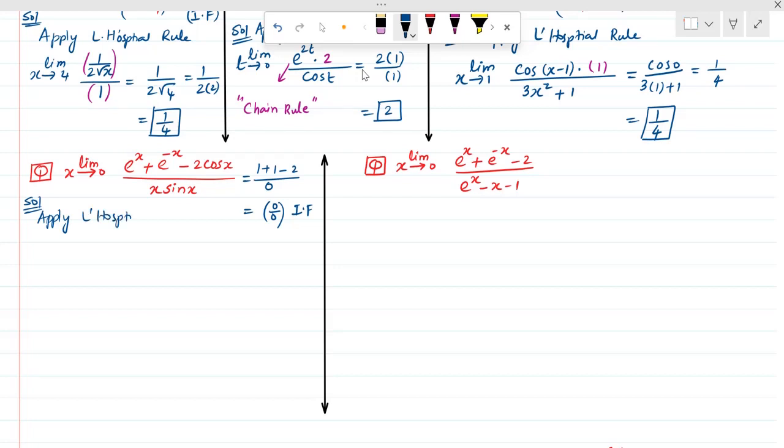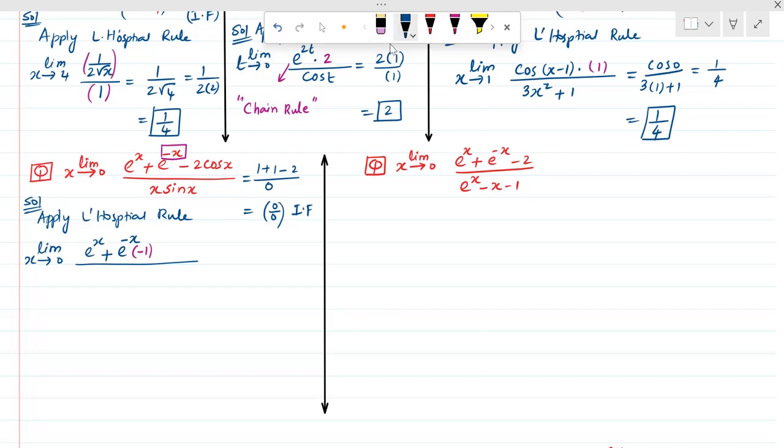Apply L'Hopital rule. What is the rule here? I have to differentiate the numerator and denominator separately. So what is the differentiation here? E to the power x, e to the power x, done, plus e to the power minus x, but here when you differentiate minus x, it becomes minus 1. It's a chain rule.